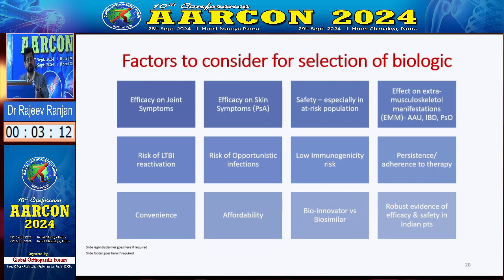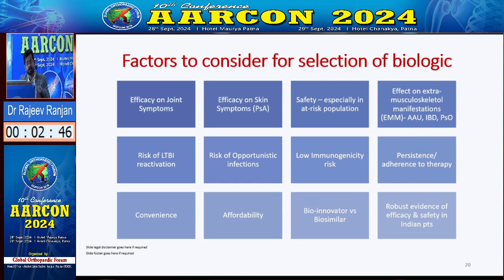Risk of TB reactivation is another thing that we keep in mind before giving the biologicals. Risk of serious hospitalization due to infection or opportunistic infection in the last 1 year is also taken into account. Immunogenicity is another component, because when you give a biological molecule, there is antibody formation, which we call anti-drug antibody.